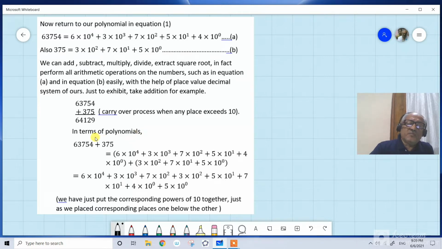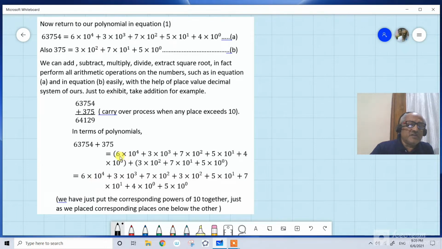So in terms of polynomials, 63,754 plus 375, do like this: expand this 63,754 in the powers of 10 and expand this 375 in the powers of 10. Then you collect the similar powers.